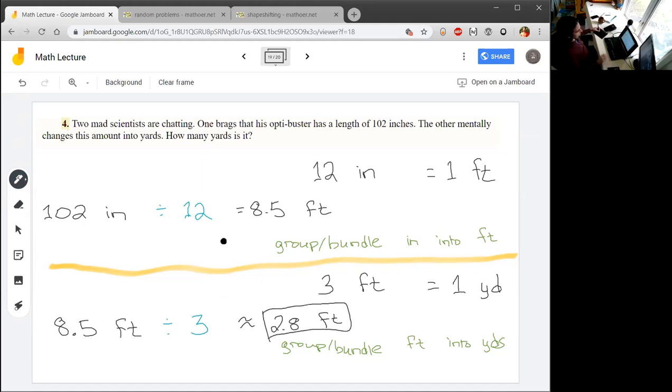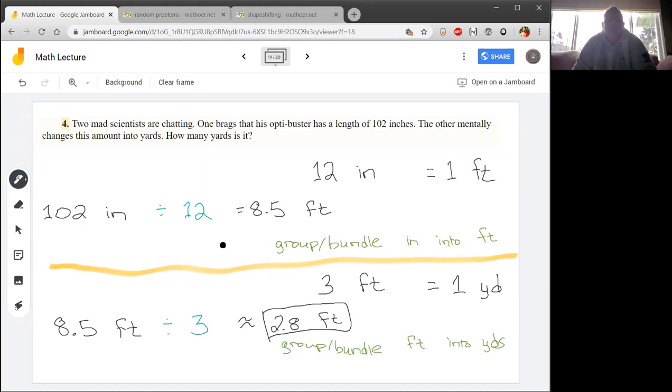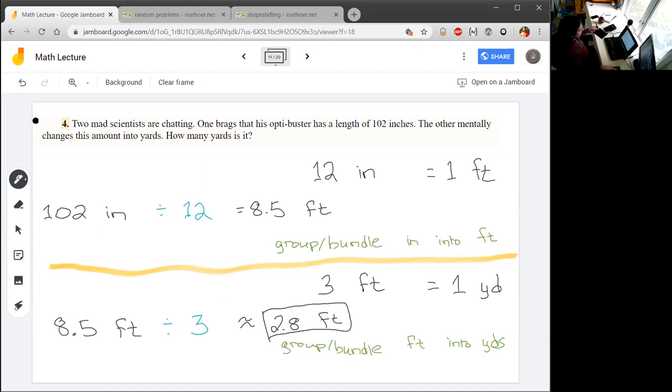Everyone okay on that? You wrote 2.8 feet. Oh, well, sorry. Yeah, yards. Thank you.